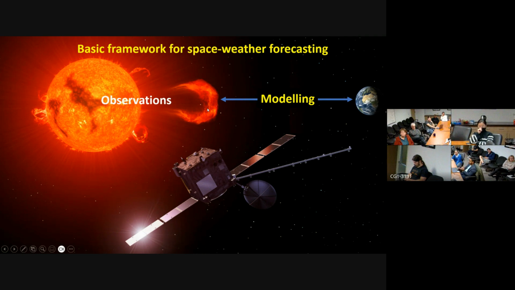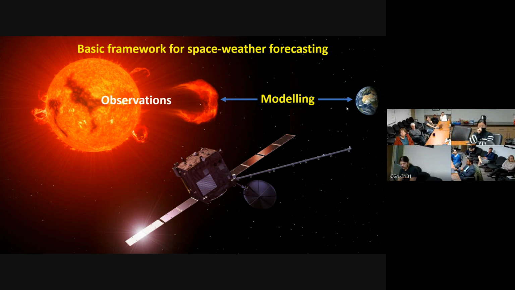Now, once this structure is ejected from the sun, it can typically reach from sun to earth within 2 to 3 days. So within this time period, we can use modeling tools in order to predict in advance what will be the final magnetic configuration of the structure close to the earth, what will be their speed, and what will be the direction of propagation, whether they'll hit or miss the earth.